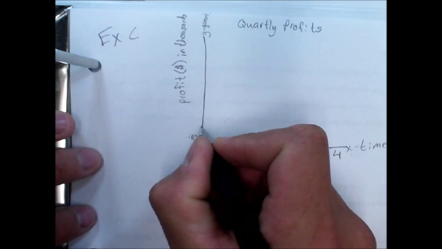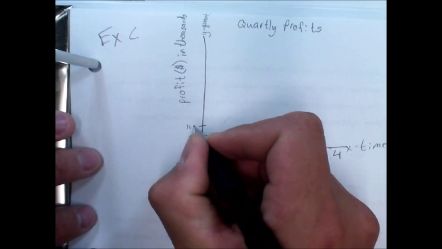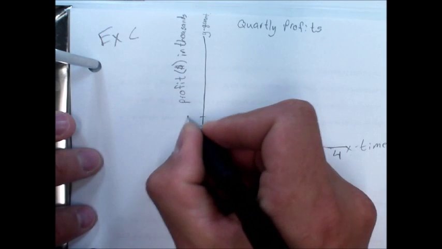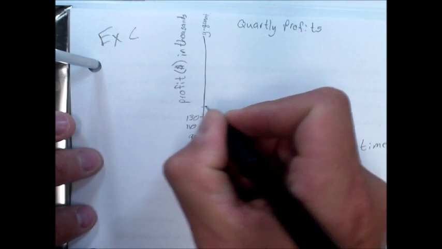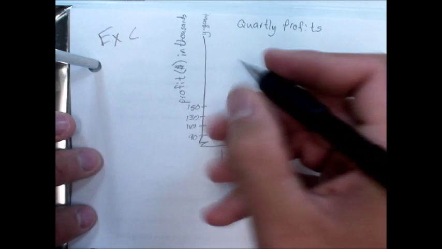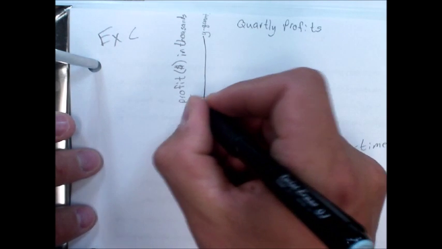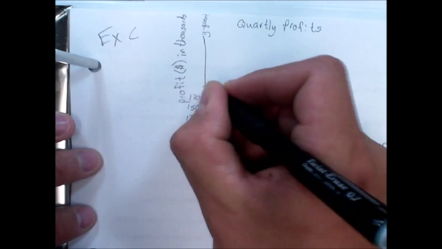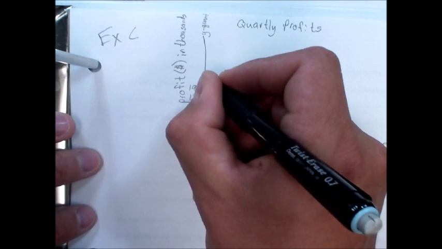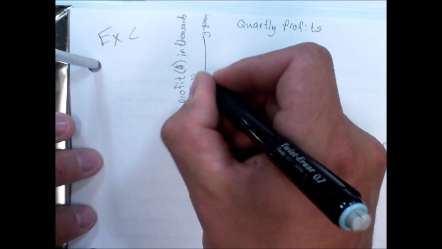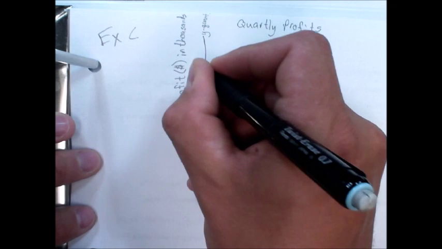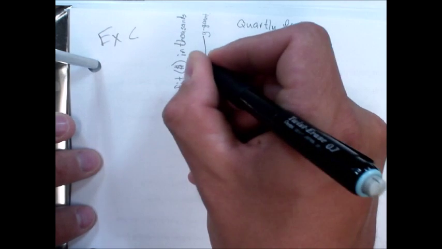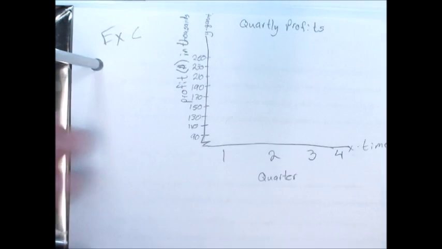So I'm going to go up 110, up 130, up 150, up 170, up 190, up 210, and up 230, and I'm going to go all the way up to 250 because I had room. That way I can show my marks.